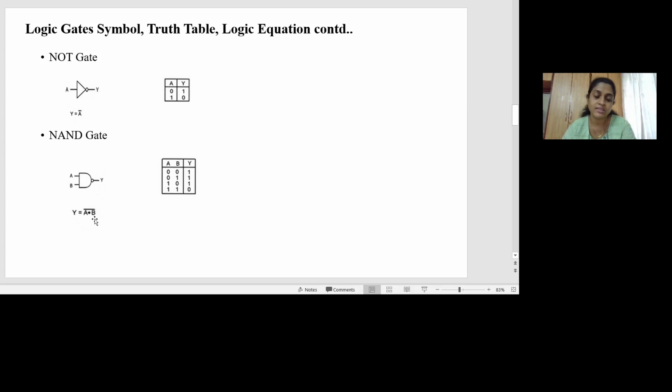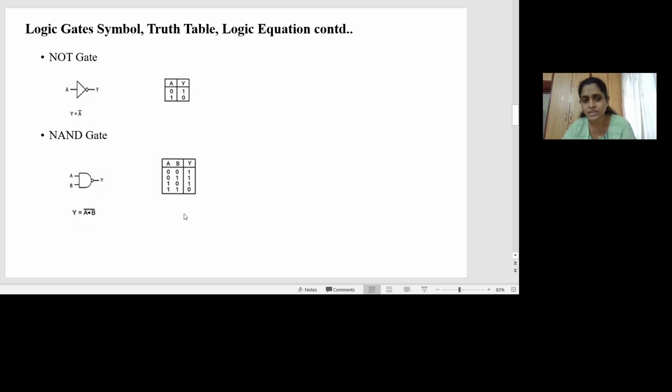The second gate is a NOT gate, and this performs the complementary operation. That's why in the Boolean equation, above the variable, we have written a bar. So your NAND gate is a combination of an AND gate and a NOT gate.